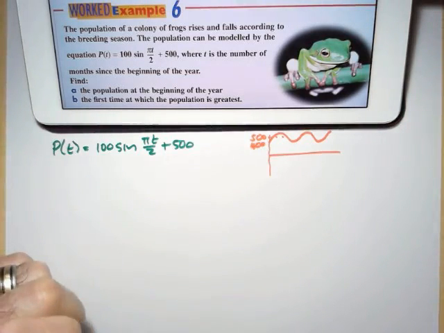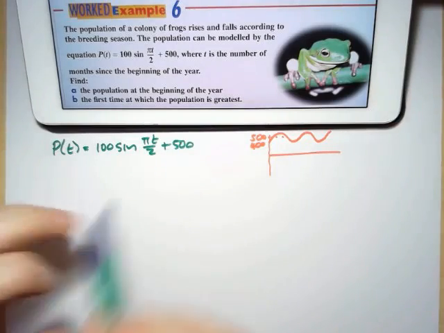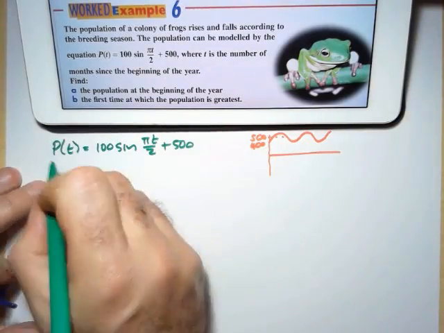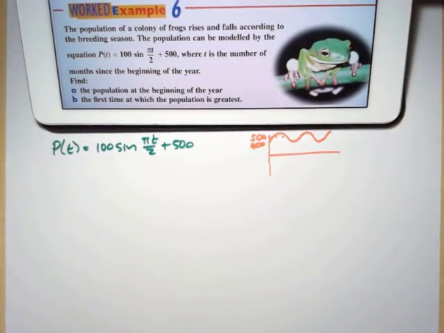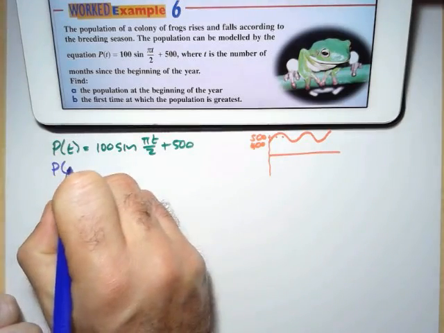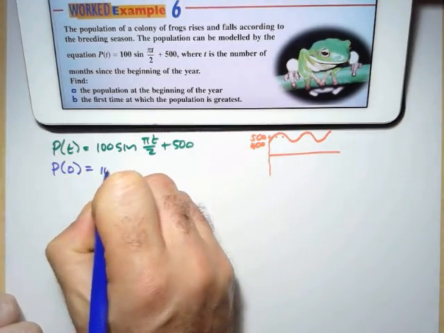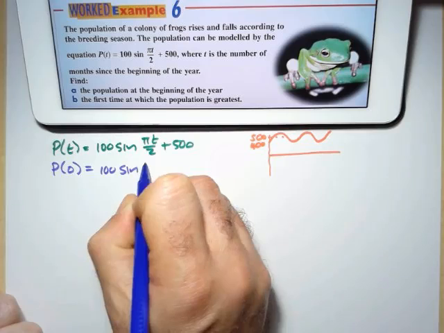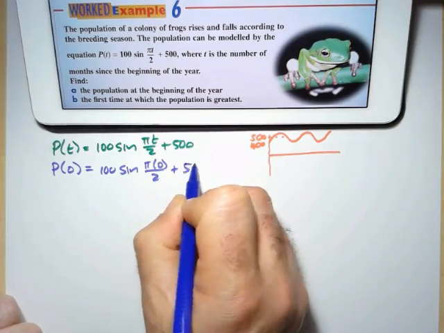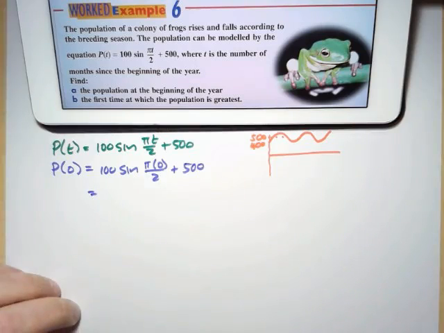So what we want to know is the population at the beginning of the year. That is pretty straightforward. That is where time equals 0, so 100 sin(π times 0 over 2) plus 500.